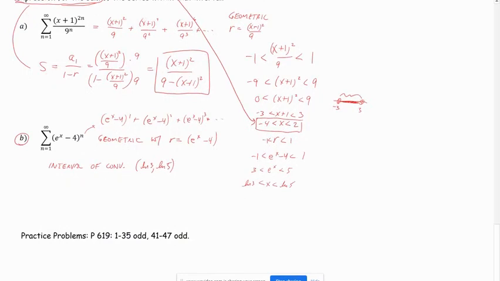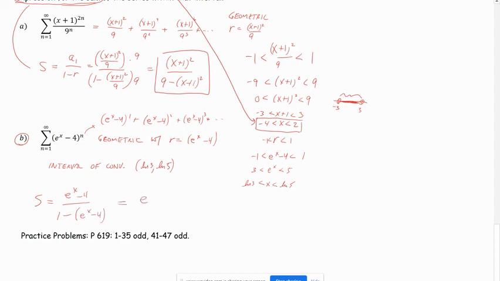Okay, so now let's finish up with B to find the sum. The sum is always the first term over 1 minus the common ratio. So our first term is e^(x-4), and then it's 1 minus the common ratio, which is also e^(x-4).